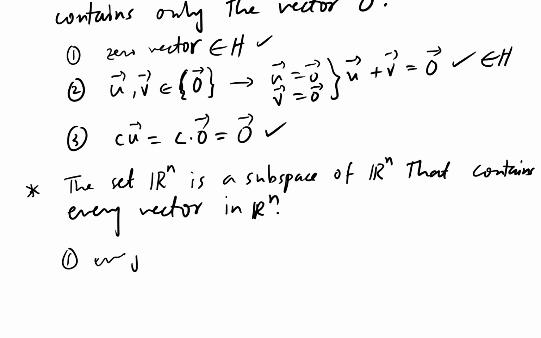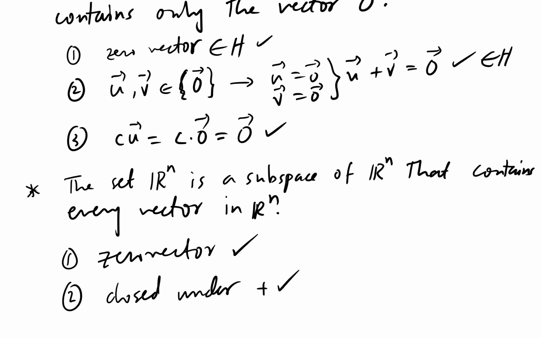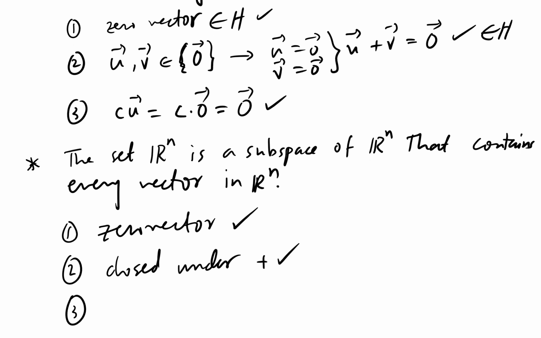If you take the zero vector in Rn, it's going to be in Rn, right? If you take any two vectors in Rn, their sum will be in Rn, so it's closed under addition. And the third one, if you take c and another vector from Rn, their product would also be in Rn, so it's closed under scalar multiplication.